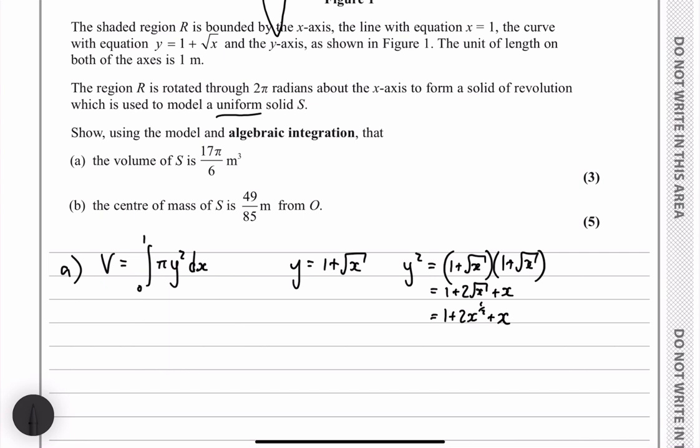So this is what we are integrating, and I can pull the pi out the front because that is a constant. So we've got 1 plus 2x to the half plus x dx, and that gives us x plus, increase the power to 3 over 2, and that's 2 over 3, therefore 4 over 3 because of the 2 that's already there, plus x squared over 2 from 0 to 1.